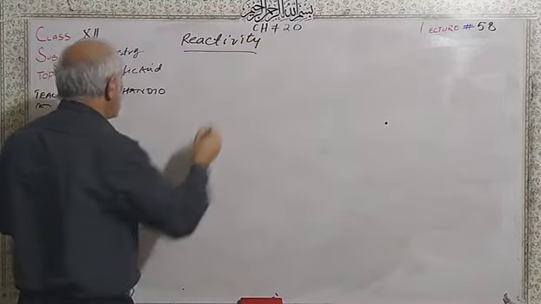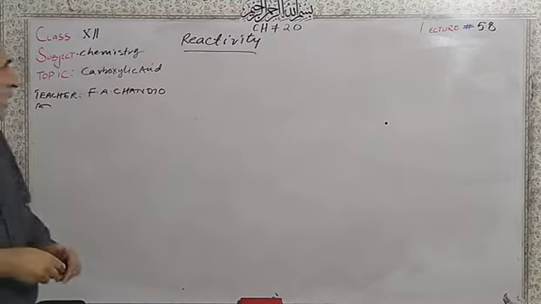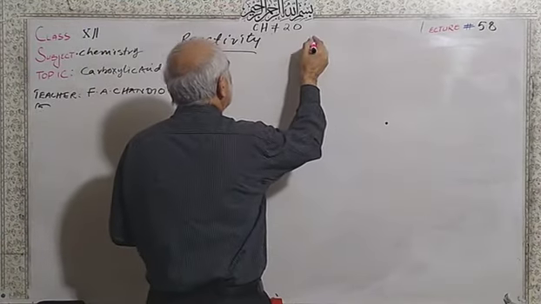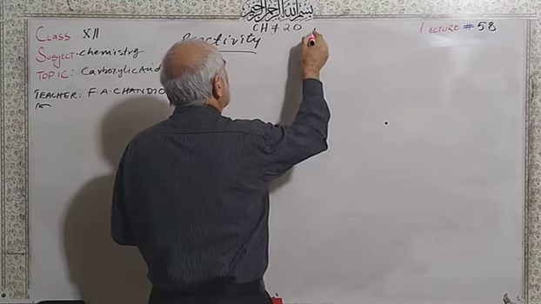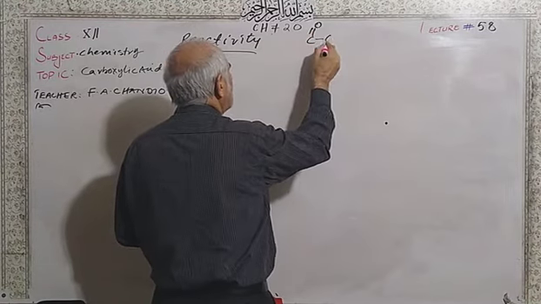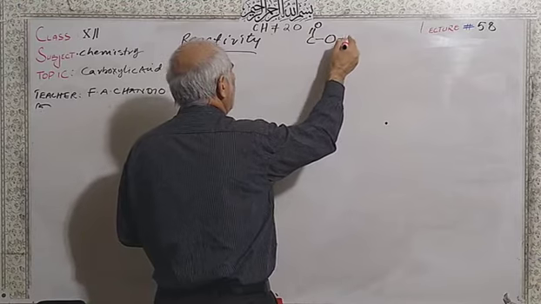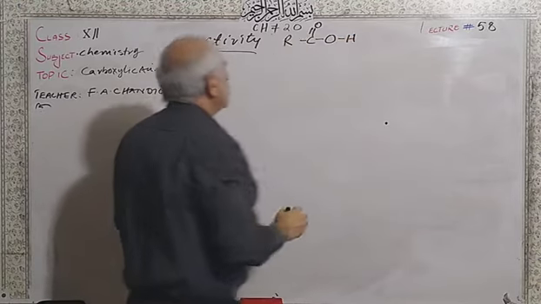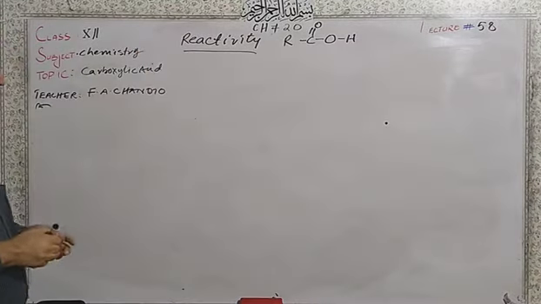Reactivity of carboxylic acids. So dear students, carboxylic acid has two groups. This is one carbonyl group, and there is an oxygen with hydrogen, and the alkyl group is here. So you are seeing there are two functional groups present in the carboxylic acid.